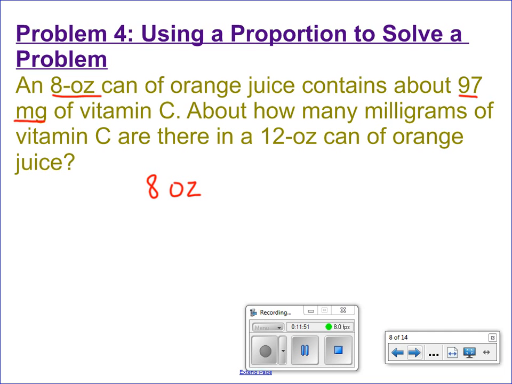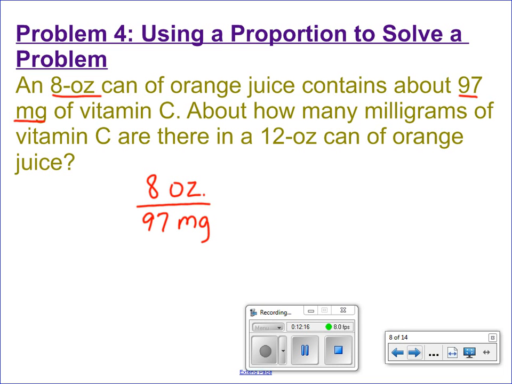So I'm going to go ahead and put 8 ounces up here. Notice I'm putting the label with my proportion as well, and that is to make sure that when I write my other side, I'm going to get things in the correct place. Okay, so 8-ounce can has 97 milligrams. I'm going to write that as a ratio.